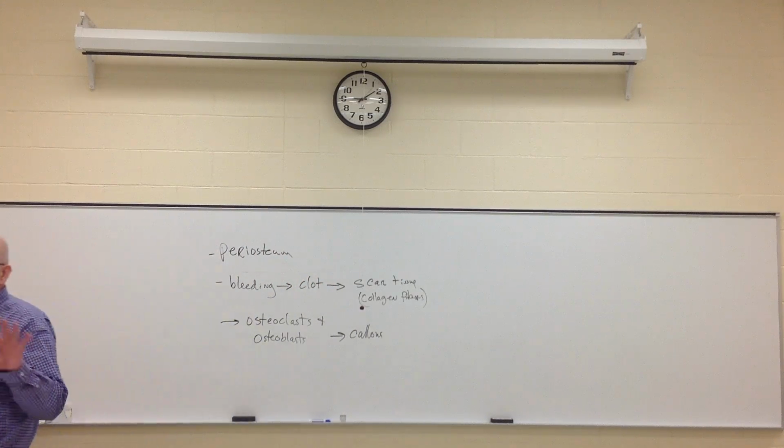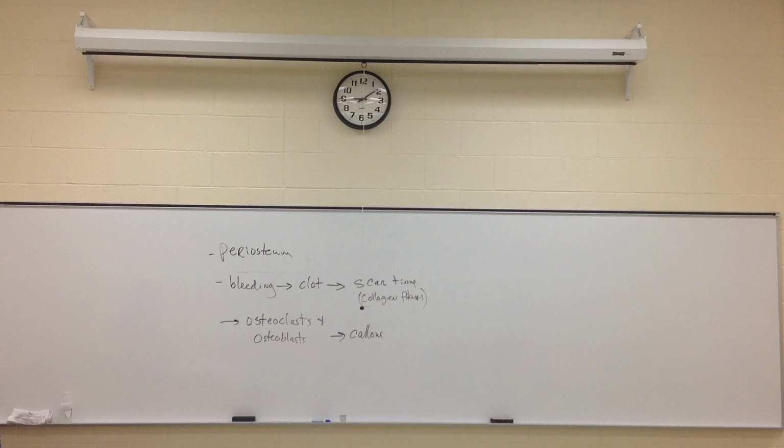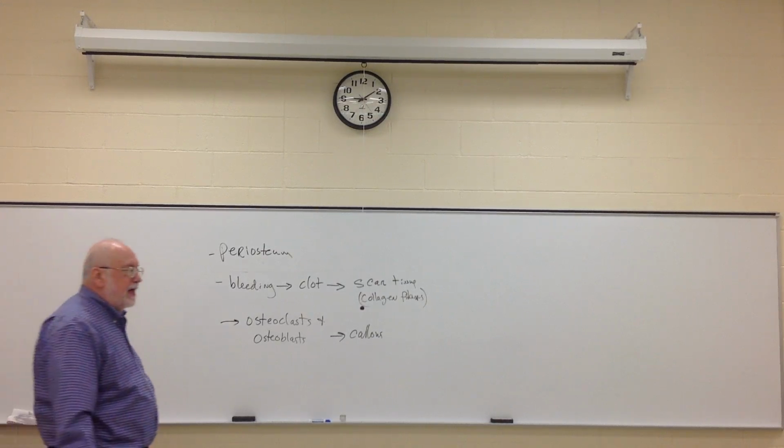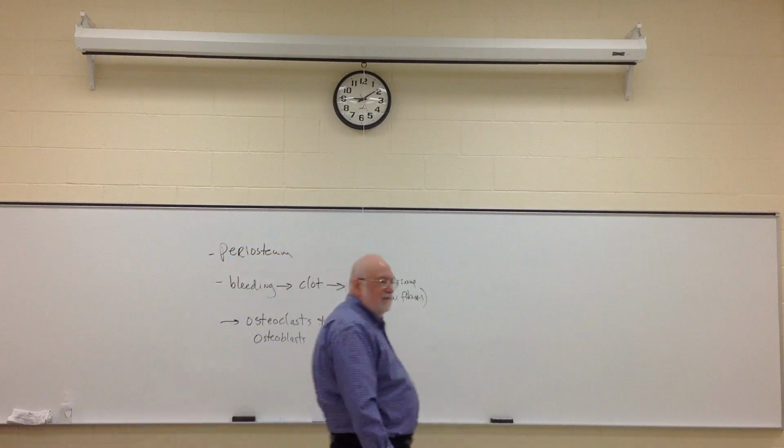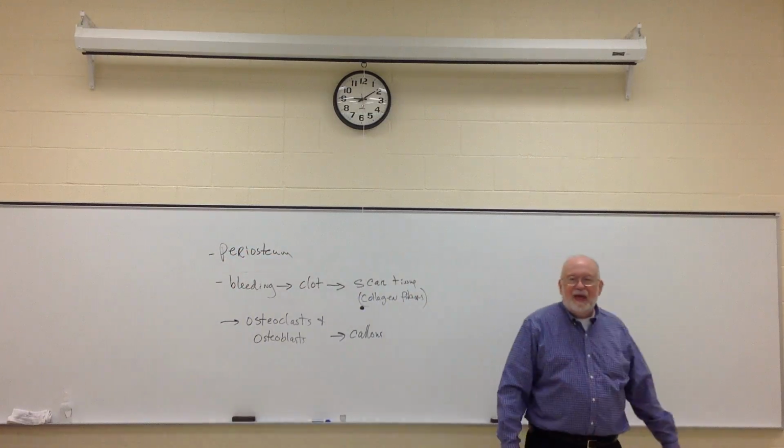And that remains for a very long time, years. I mean, you can find healed fractures showing up on x-rays years after the fact. Now, eventually, with remodeling, that might disappear, but it's going to take quite some time. All right, so there you go. Now, that's simple enough, isn't it? Yes.